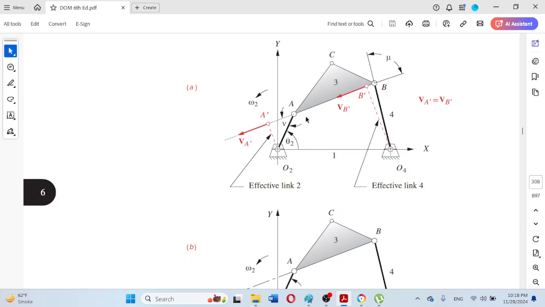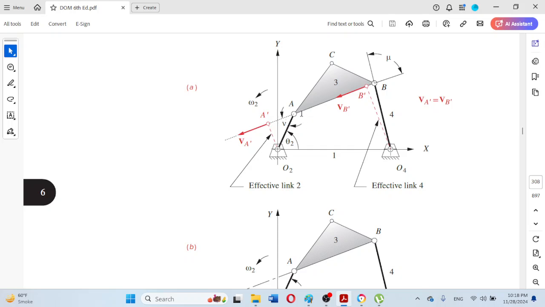As we can observe here, this angle is V, so the author assumes the acute angle, which is less than 90 degrees. Physically this is AB, the fabricated coupler link, and O to A is the fabricated input link.